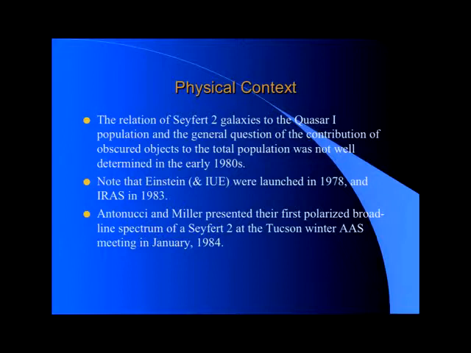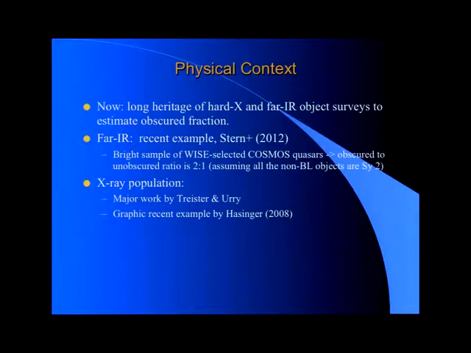IRAS wasn't launched until 1983, and Antonucci and Miller presented their results of discovery of a broad line spectrum and polarization in NGC 1068 at the Tucson Winter Meeting in 1984. So thinking about papers published in the late 70s and early 80s, this was not a key part of the thinking just yet.